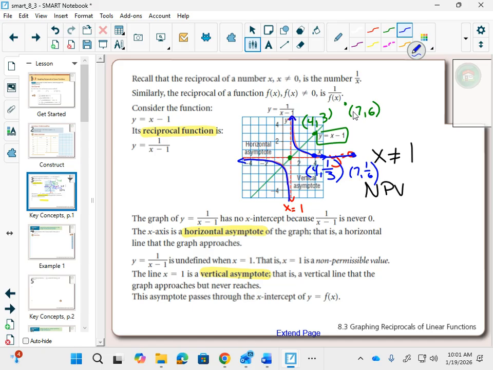And somewhere along here, I'm going to have the point (100, 99). And then on my blue graph I would have (100, 1/99). All that's happening is our y values are now on the bottom because we have 1 over the graph we had originally. And as the y values get bigger and bigger, if you do 1 over a bigger and bigger number, you get closer and closer to 0.